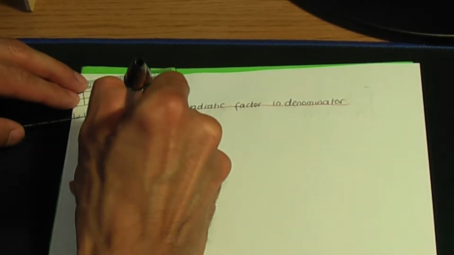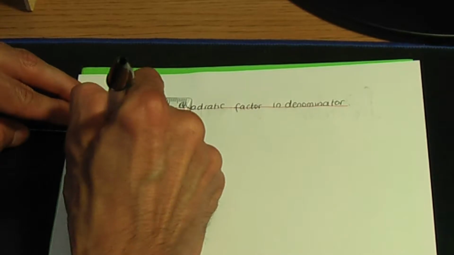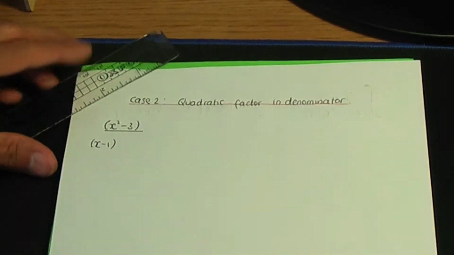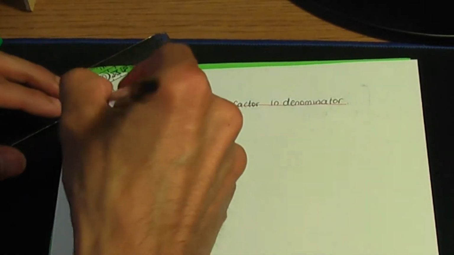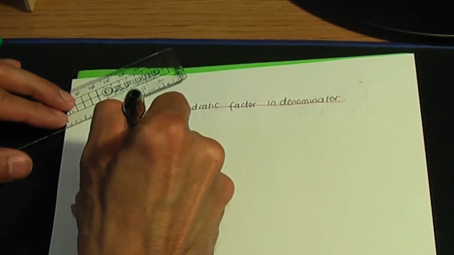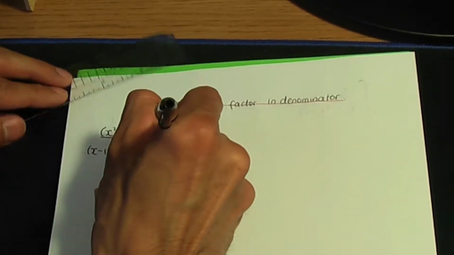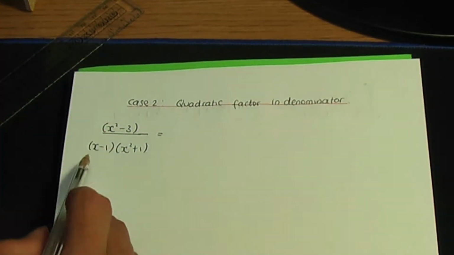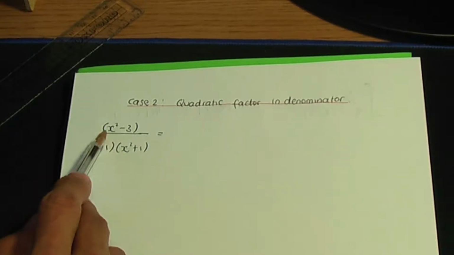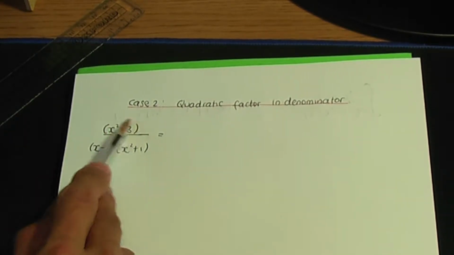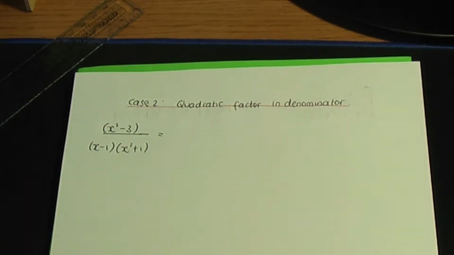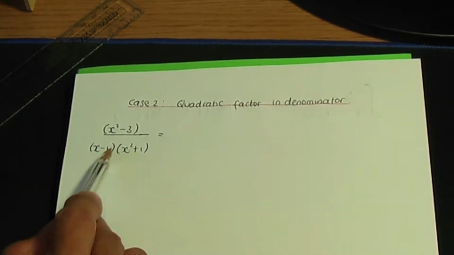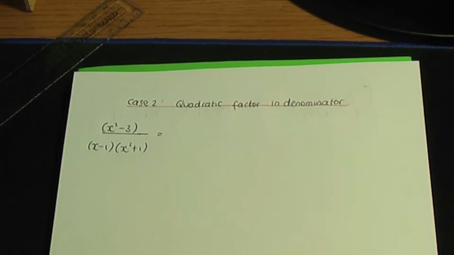Let me take an example explaining this case. If we have x squared minus 3 over x minus 1, into x squared plus 1. Once again we have a proper fraction. Proper means, remember, the highest power of x in the numerator is 2, and when you expand the denominator, the highest power of x in the denominator is 3.